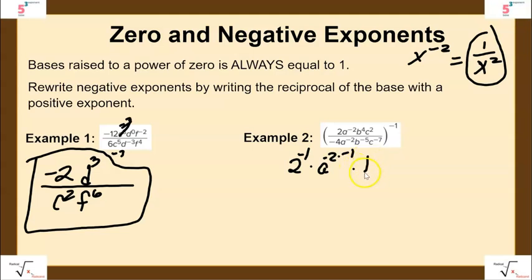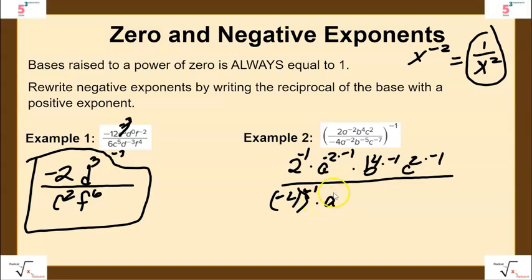And I have times b to the fourth times a negative 1 and c squared times a negative 1. In the denominator, I have negative 4 raised to the negative first power. I've got to make sure I put that in parentheses, because if I don't, then that changes the sign in front. Then I have times a to the negative second times negative 1, b to the negative fifth times negative 1, and c to the negative 7 times negative 1.